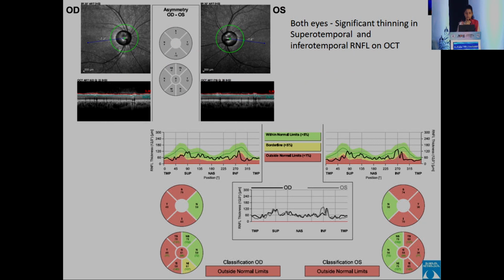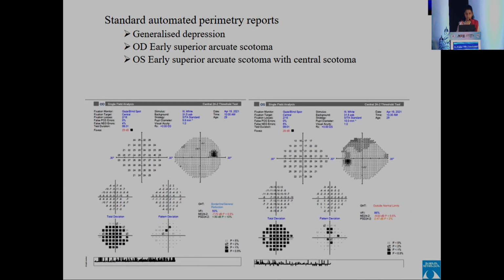In this case, again on OCT RNFL showing bipolar thinning, we expect the fields to show a very advanced damage, but when we do this, we have a generalized depression with very early arcuate scotomas, which we cannot directly correlate with the structure that we see clinically or on investigations.